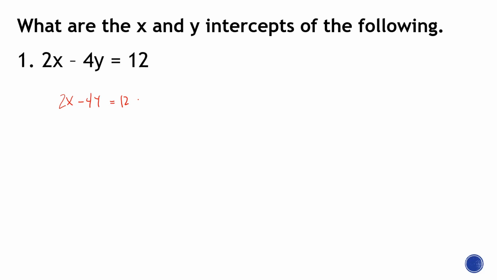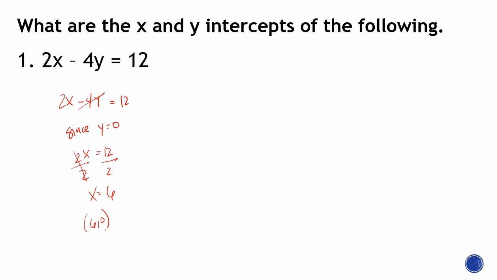Since we know that in the x-intercept y is equal to 0, for this equation, and we are solving for the x-intercept, we can just cross out the term with y and solve for x. Then, using the division property of equality, divide both sides by 2. So x is equal to 6.